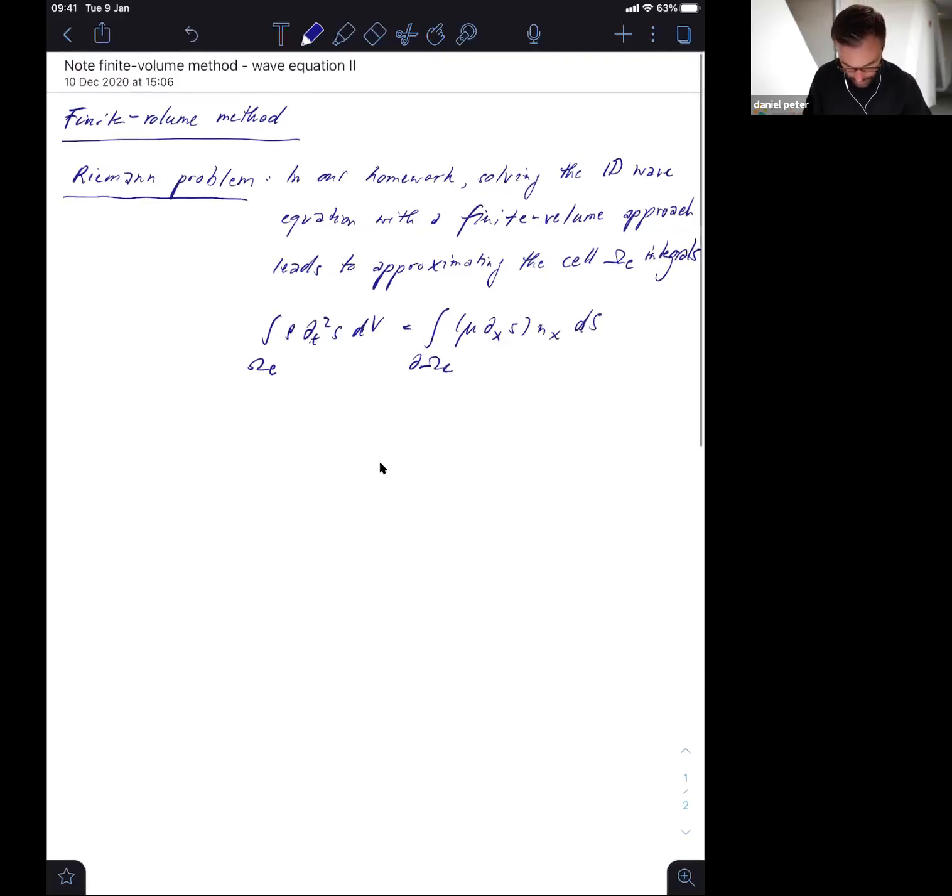And so in our case, we looked at a cell which goes from XA to XA plus 1, and which has a centroid point at XP.